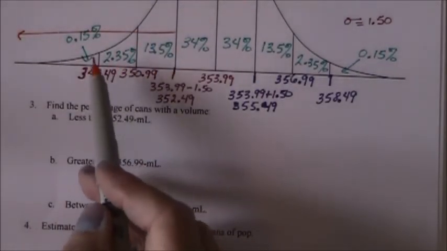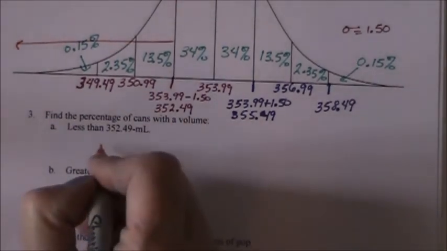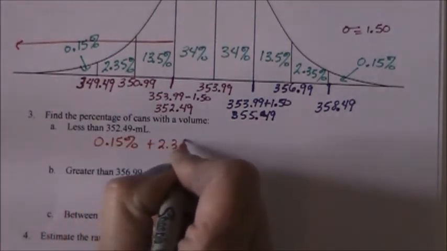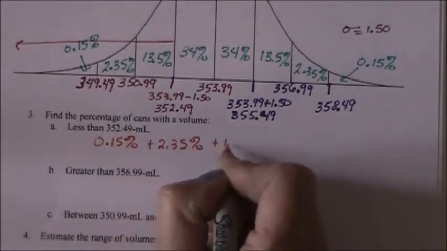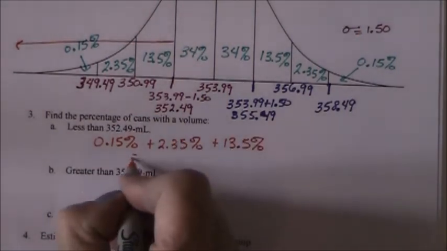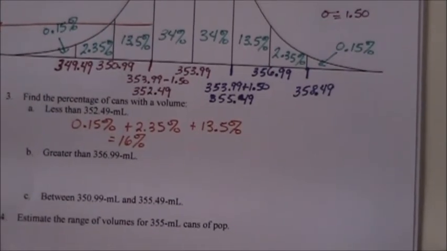So we're going to want to add up these 3 sections to get the answer. So as we do that, we have 0.15% plus 2.35% plus 13.5%, which gives us a total of 16%. So 16% of the cans have a volume less than 352.49 milliliters.